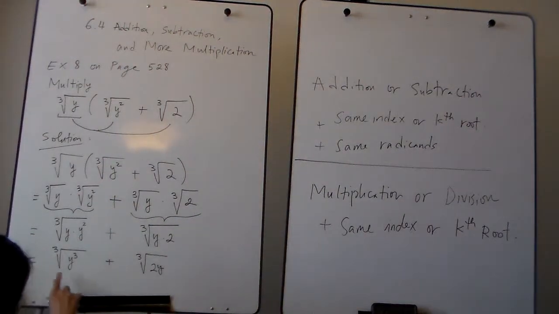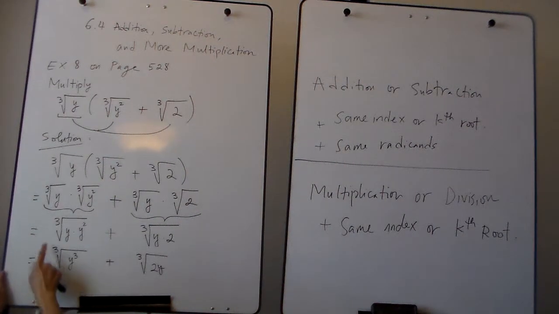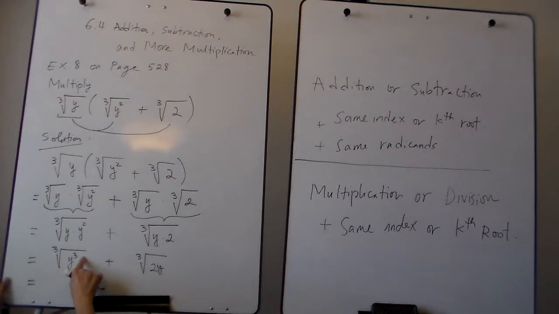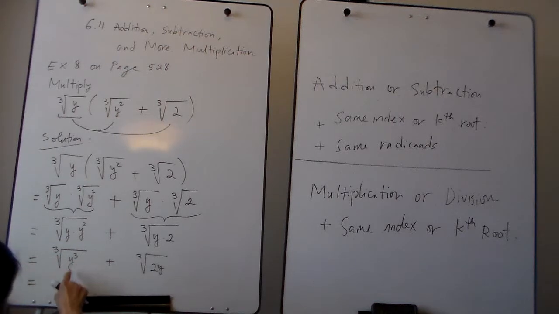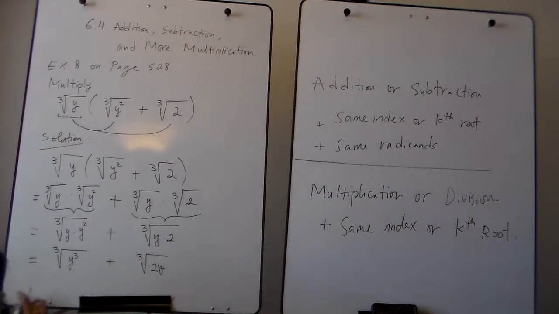But notice that this is a cube root, right? So you have y to the third power. It looks like you can simplify this. Because this y factor has 3 as the exponent, and the index right here is 3, these two numbers match. That means you can factor the y outside the cube root.